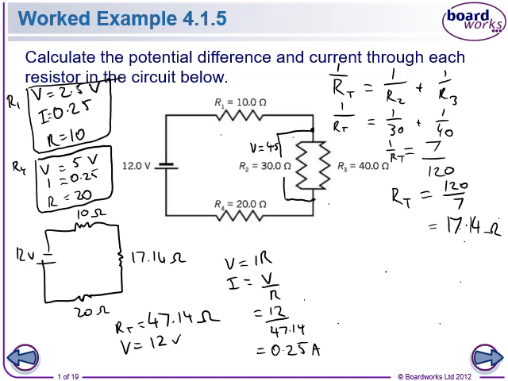So, for R2, we know our voltage is going to be 4.5. We know our resistance is 30, so we can work out our current. So our current is V on R, which is going to be 4.5 on 30.